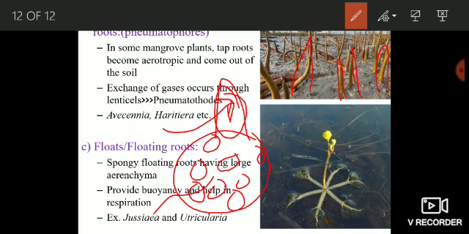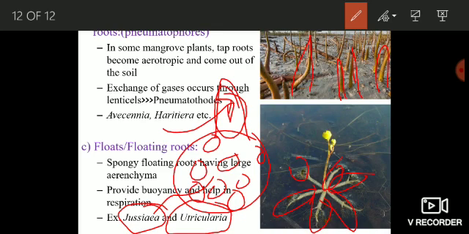Because of the presence of large parenchyma in these roots, they provide buoyancy and support to these plants. Here you can see in the image these roots which are known as floats or floating roots. Examples are Jussiaea and Utricularia.